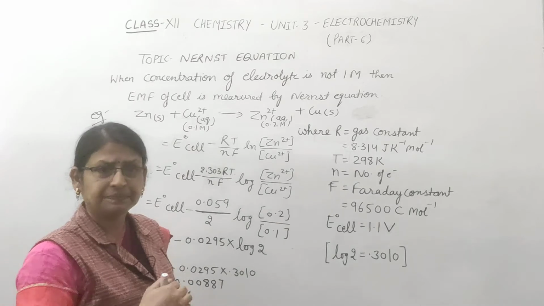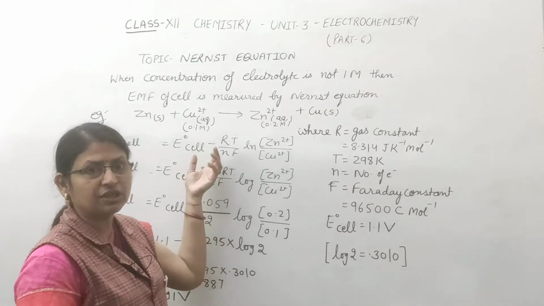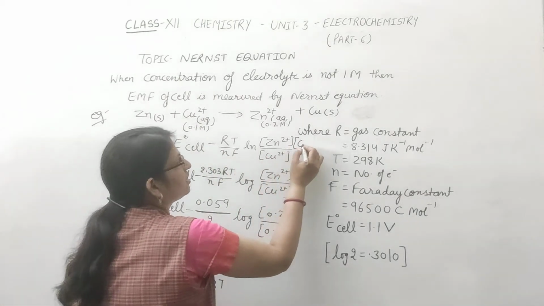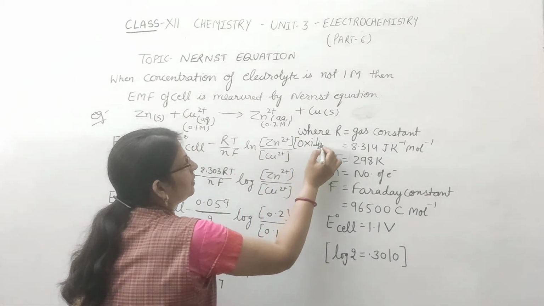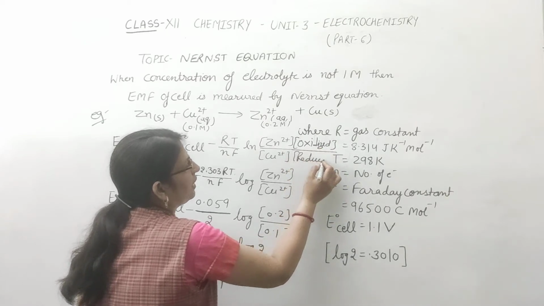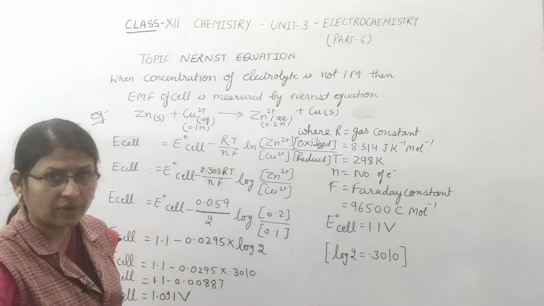Or we can say the concentration of product on the upper side and concentration of reactant on the lower side. So it is the Nernst equation.